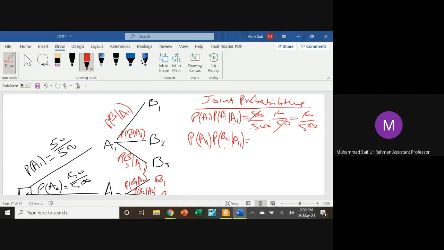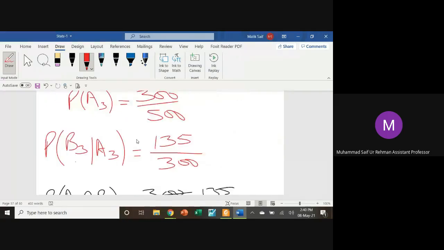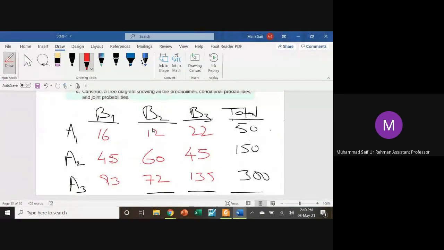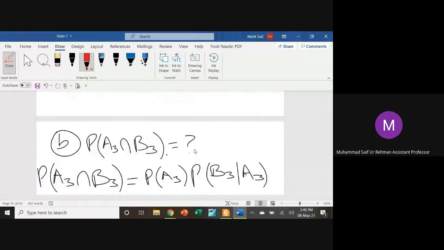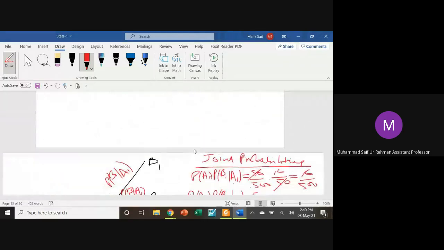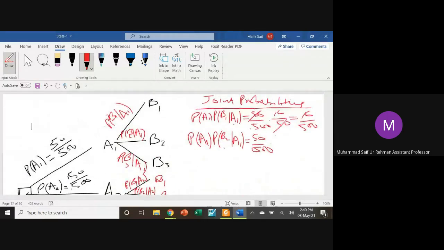So A1 we have already found, 50 divided by 500, multiplied by B2 given A1, which is 12 divided by 50. So 50 will be cancelled out with 50 and you will remain with 12 divided by 500.